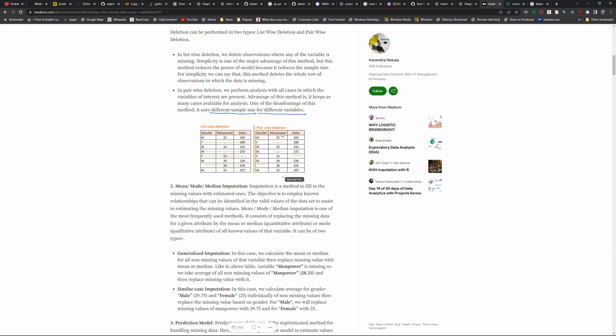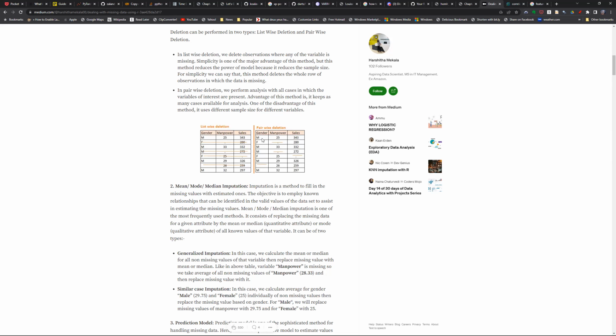So in that case, the pairwise deletion is going to work by deleting only the observations of those variables that have the missing values. You're not going to delete the ones that had any other variable that is not interesting to you in this instance. You're going to delete only the ones that have the variables that you are studying.